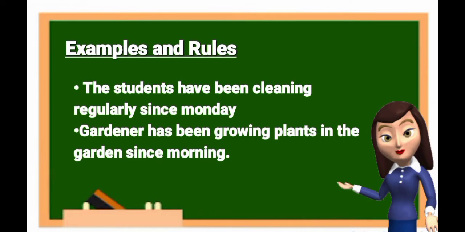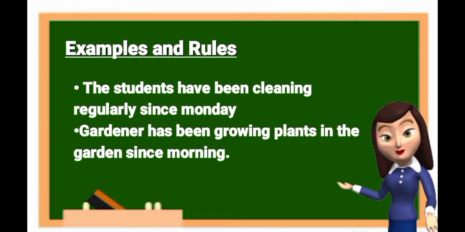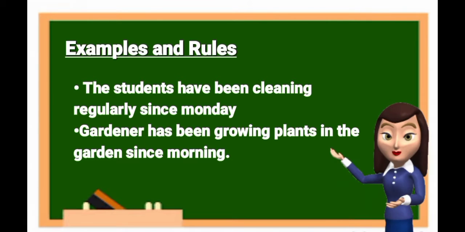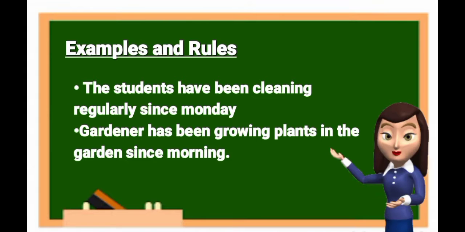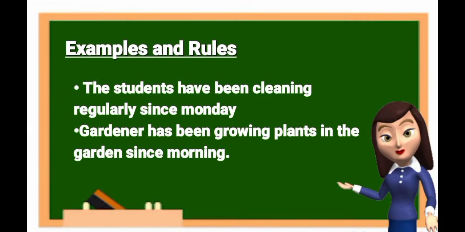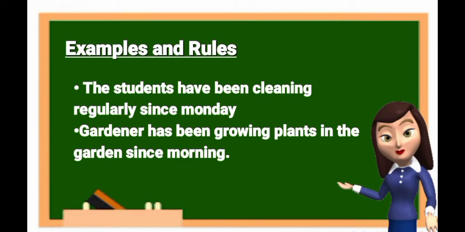The students have been cleaning regularly since Monday. So ang mga student nag-start sila og hinlo since Monday. But if moabot na po ang Monday, mag-clean na po sila. That is the present perfect progressive tense. It already began in the past, but it continues into the present.